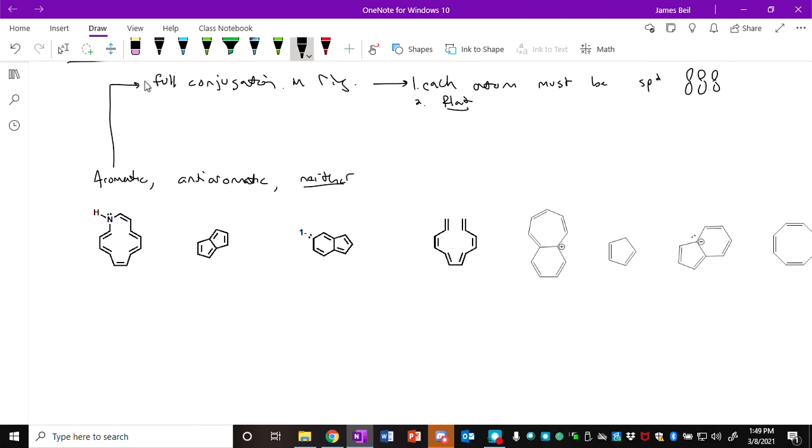And also to be aromatic, we need it to have an odd number of pairs of pi electrons. Or another way of saying that is 4n plus 2 total pi electrons, where n equals 0, 1, 2, up to other whole number integers.